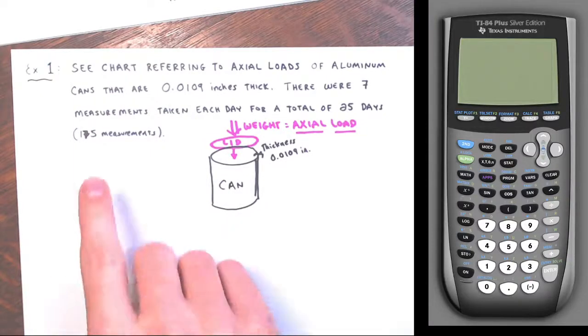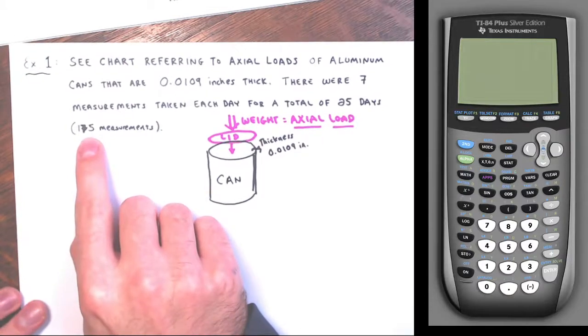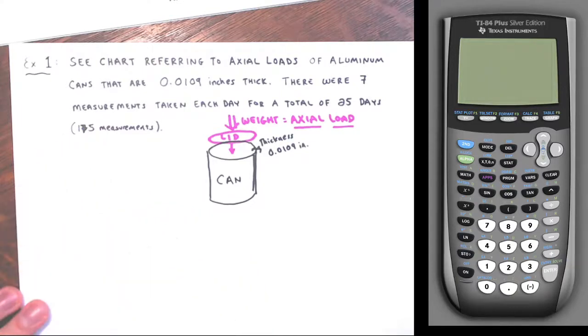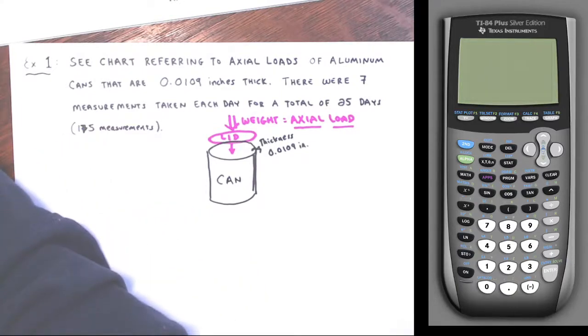Now I'm going to go to my Google Sheets page where I have 175 of these axial load measurements on some cans. All right, some cans, what's their maximum axial load, right? So the maximum amount of weight that they can take before being crushed, right, when pressing the lids on. So let me show you what I've got.